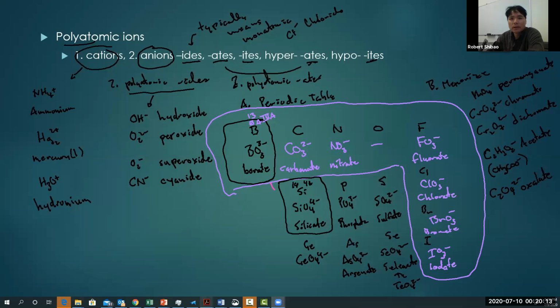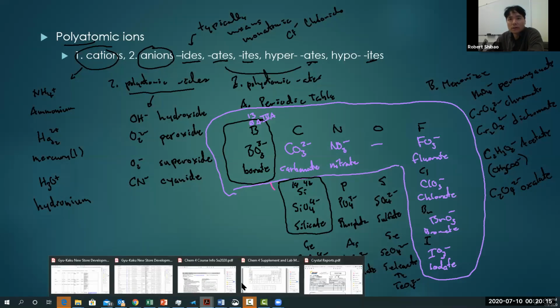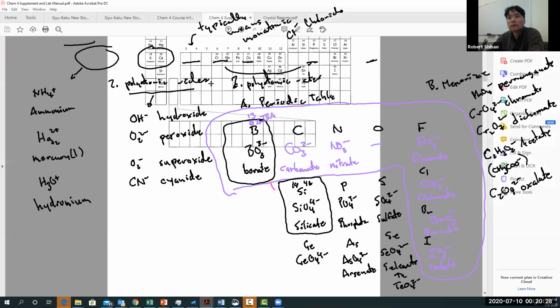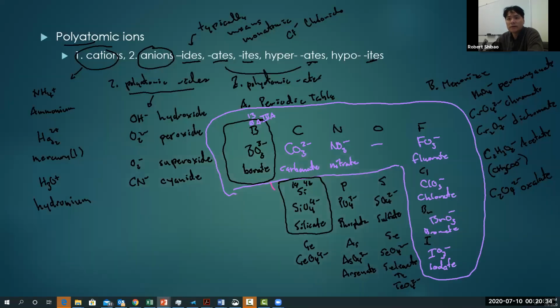And what I'm going to take a look at is our supplement. Let's see what our supplement tells us to memorize. Oh, I gotta get rid of all those drawings. Let me save these drawings.